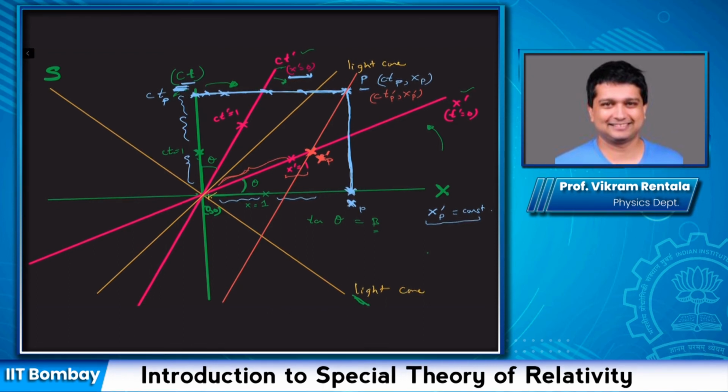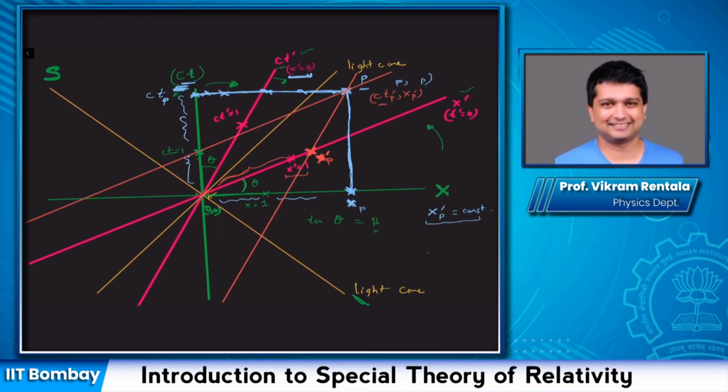Now similarly, we can find out the tp prime value. In this case, we would have to draw a parallel to the x prime axis passing through the point P. This would give us all points with tp prime equal to constant. So let's draw that.